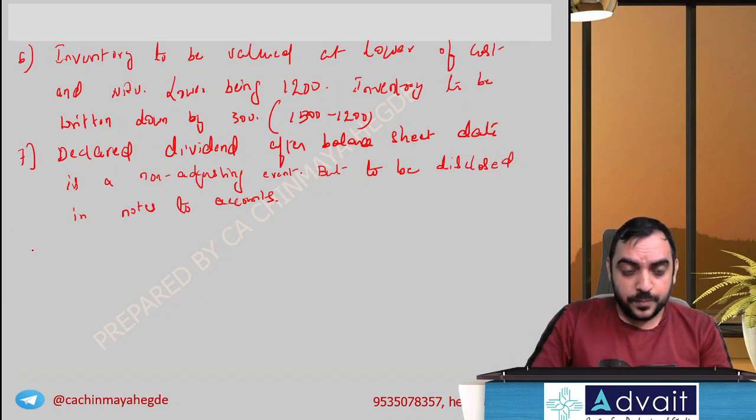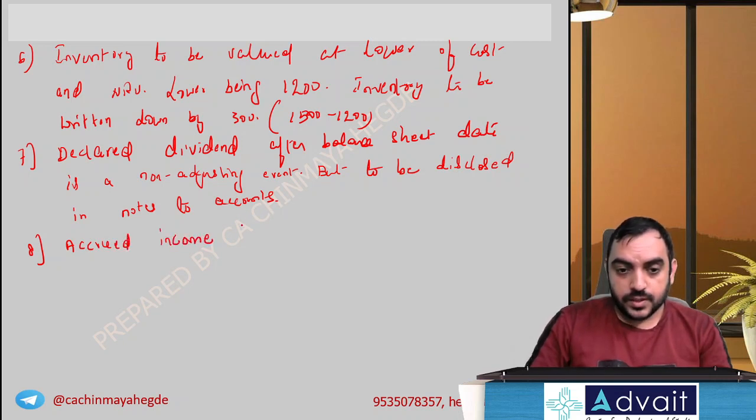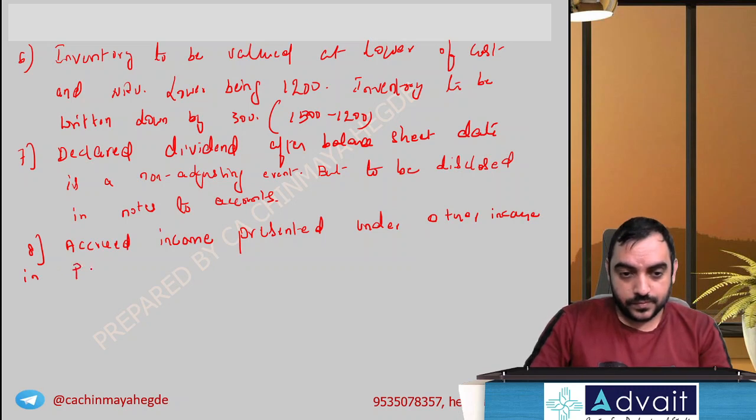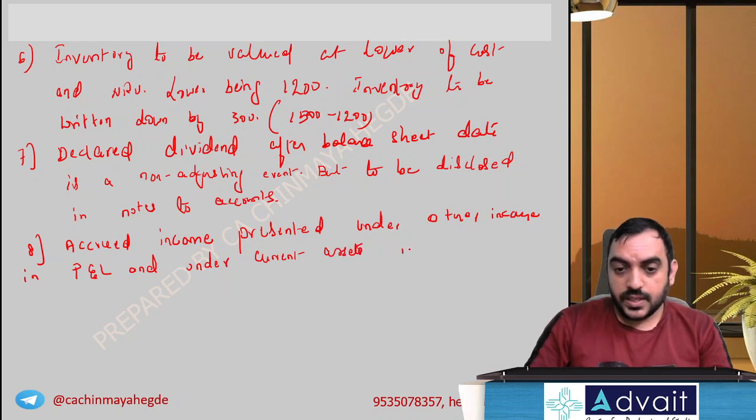So accrued income is presented under other income in P&L and under current assets, other current assets, in the balance sheet.